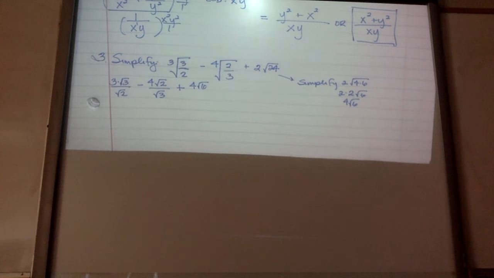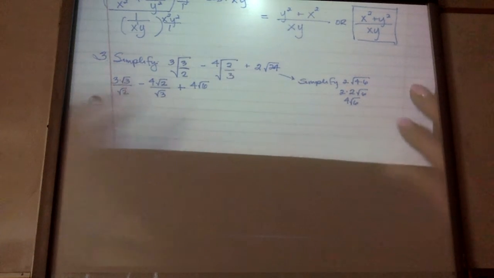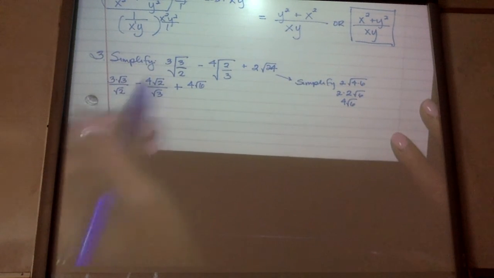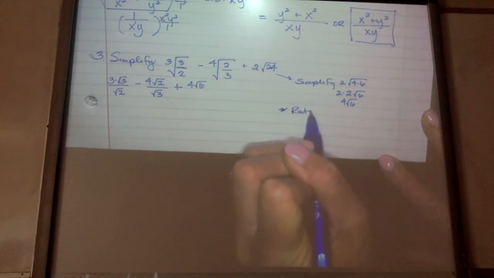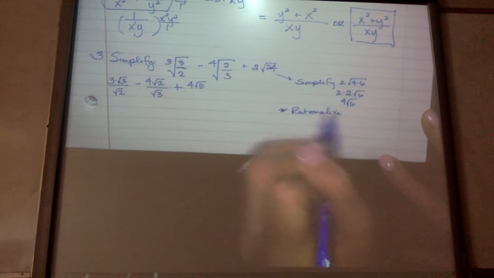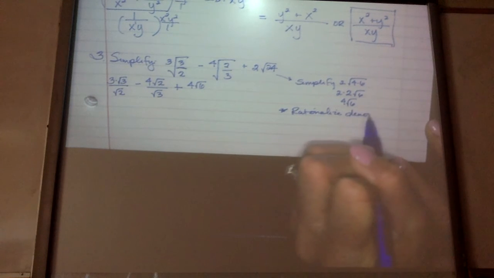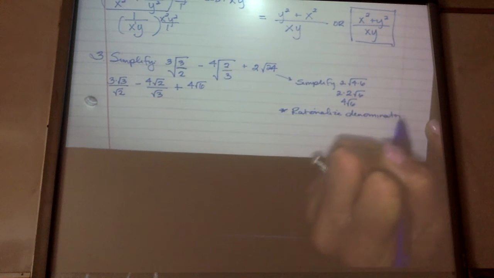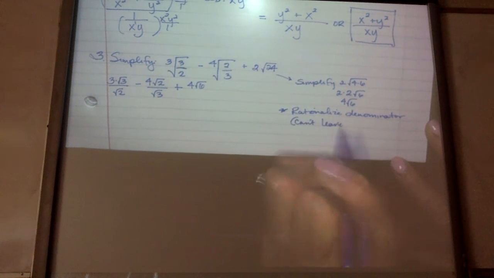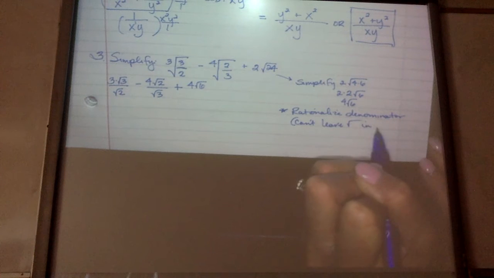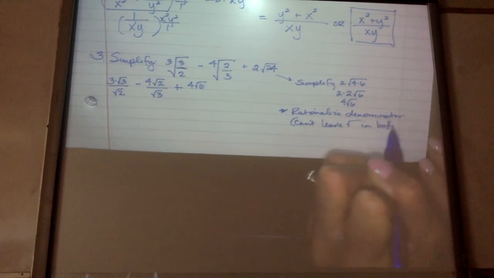Okay, now something I have to do here, I have to rationalize the denominator. That means that I can't leave radicals in the bottom. That's all that means.